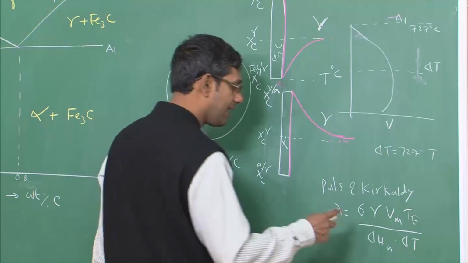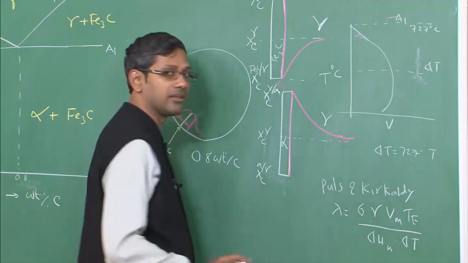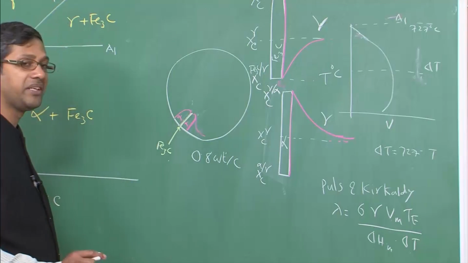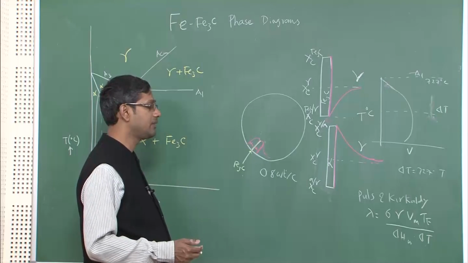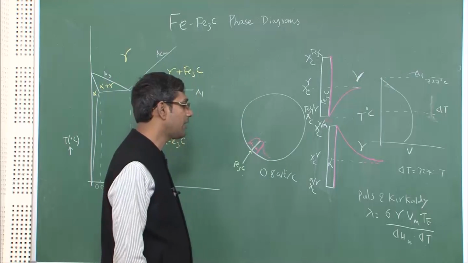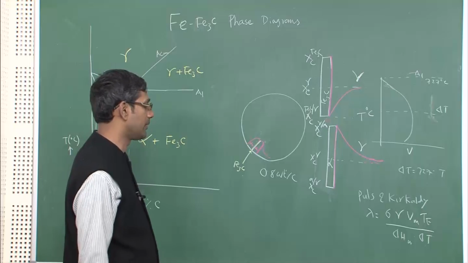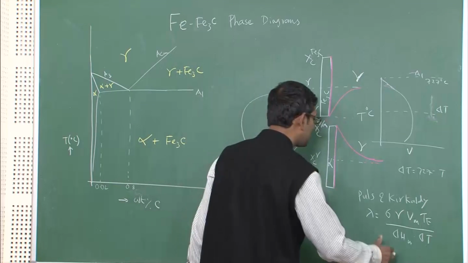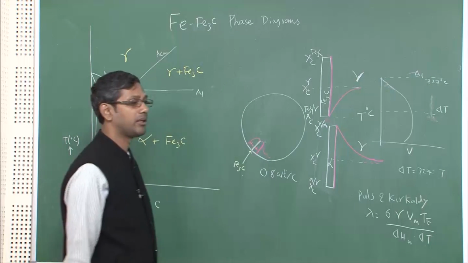As you can see here, delta T goes to the denominator. That means lambda is inversely proportional to delta T. So that is why the interlamellar spacing will be smaller and smaller as you increase the undercooling. This is very important for you to understand.